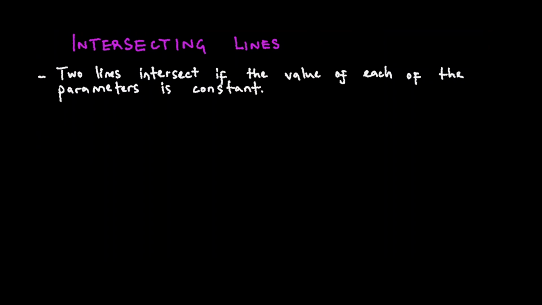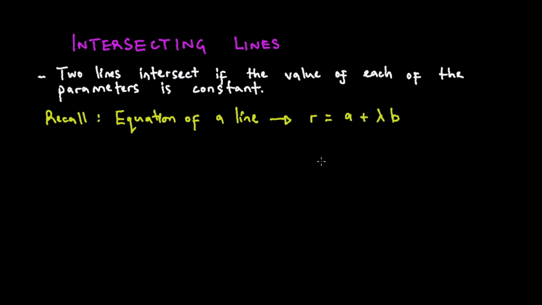I want us to remember what we said concerning the equation of a line, when we do vectors. So the equation of a line is given by r is equal to a plus lambda b.